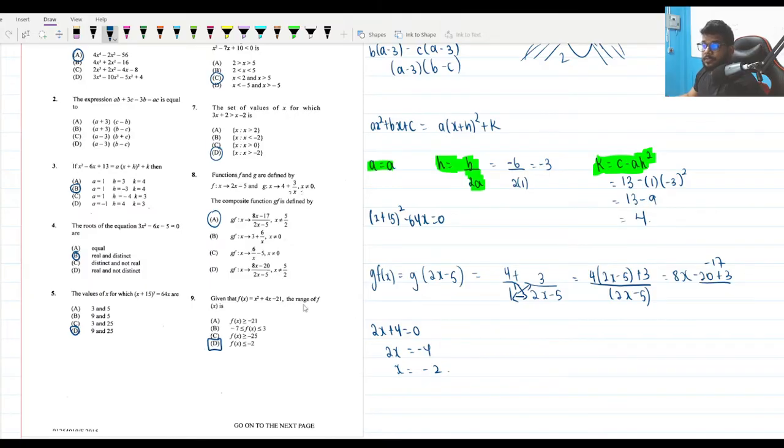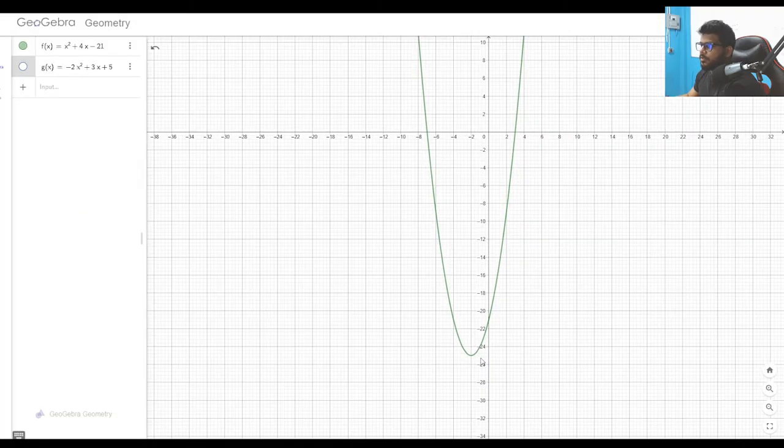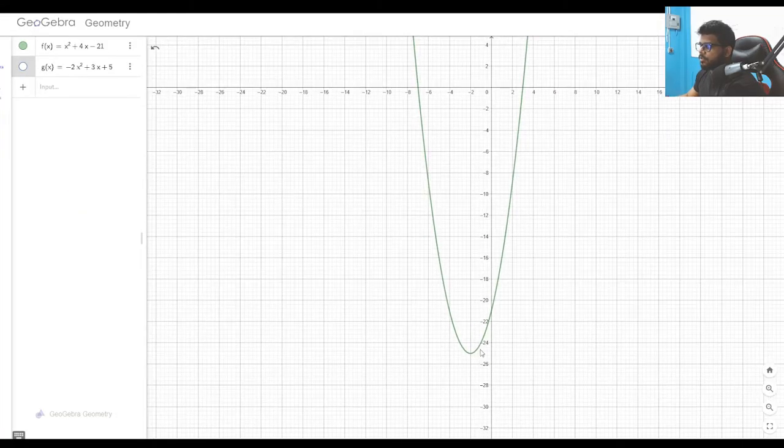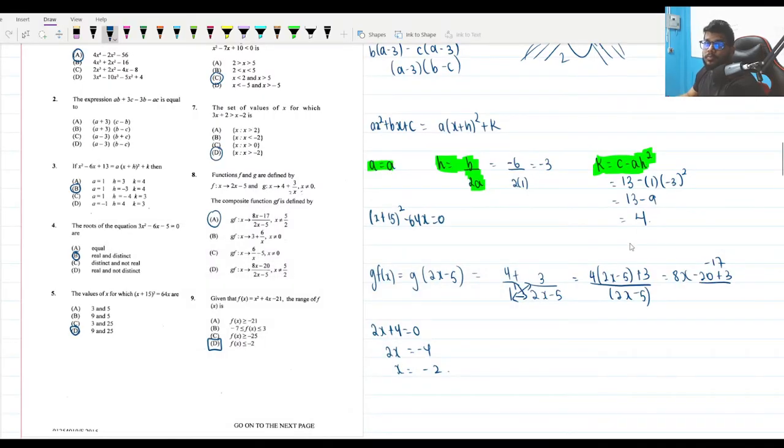They did ask for the range of f of x. And from the graph, you can see that the range, oh shucks, sorry. Boo-boo time. This is my x value. f of minus 2 is equal to minus 2 to the power 2 plus 4 into minus 2 minus 21. I get 4 minus 8 minus 21.